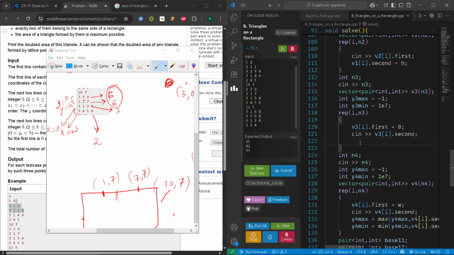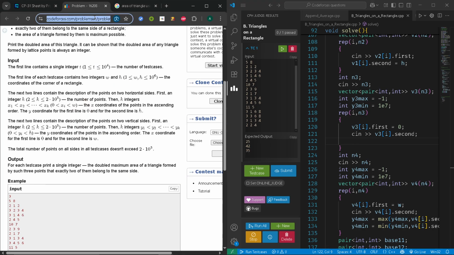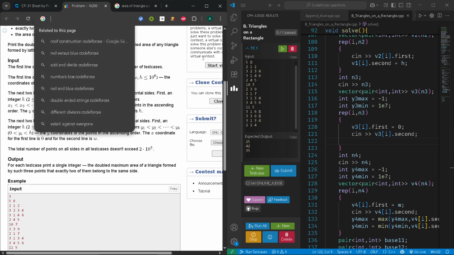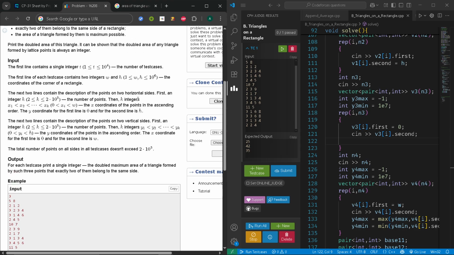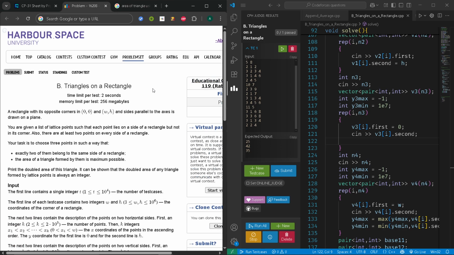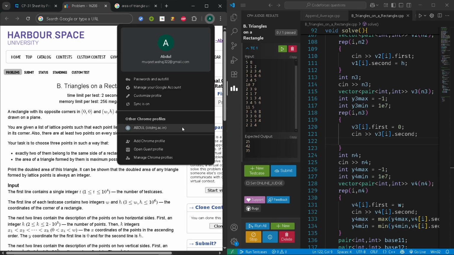What will I do after finding the basis is I will be iterating. It will be a huge brute force question. Iterating is not the solution, I feel like. 10 power 4, 10 power 10. 2 seconds is the time limit.